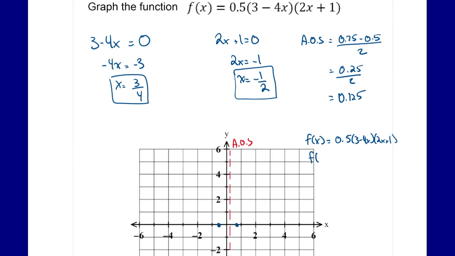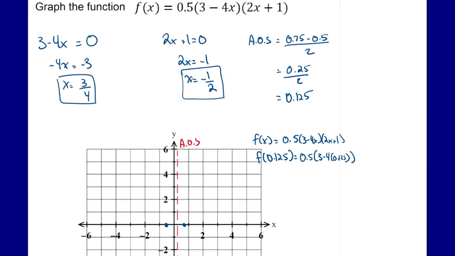So I'm going to find the function at 0.125, which will equal 0.5 times 3 minus 4 times 0.125 times 2 times 0.125 plus 1.